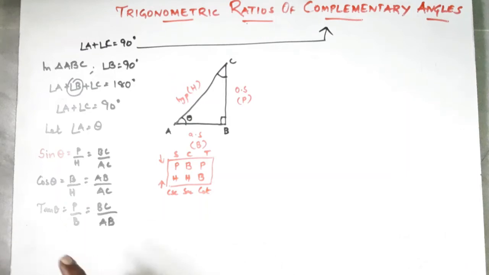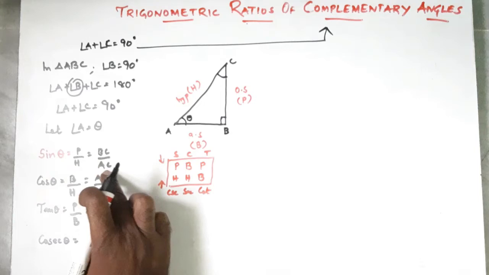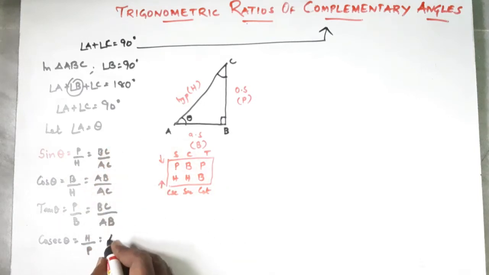Now let us move to cosec. Cosec theta, from bottom to top, is H by P. It is the reciprocal of sine, that is AC by BC.